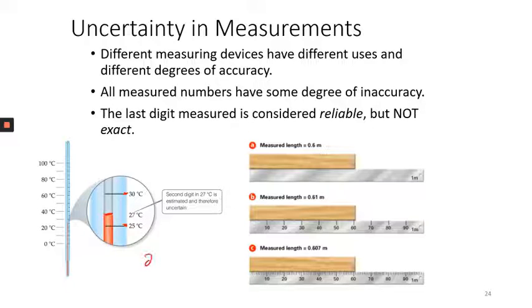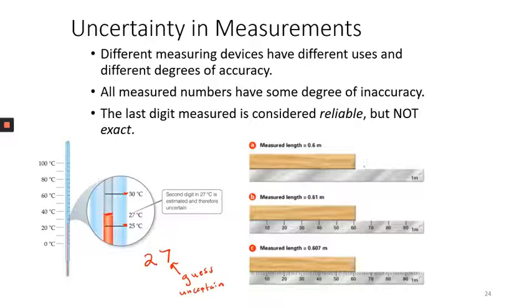So we know the 2 for sure, and the 7 is our guess. This is our uncertain digit, or our estimate. And it depends on how good your piece of equipment is.